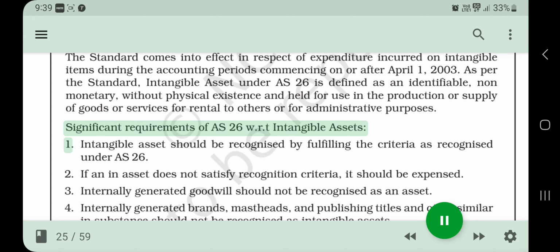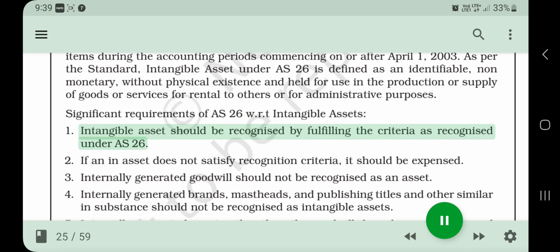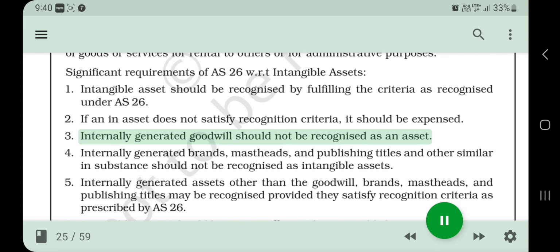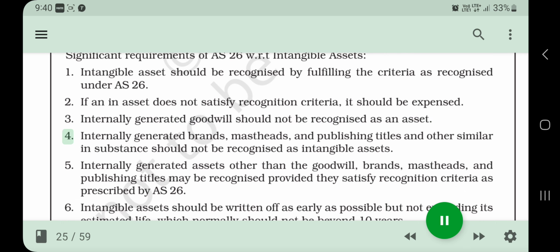Significant requirements of AS 26, Intangible Assets: 1. An intangible asset should be recognized by fulfilling the criteria for recognition under AS 26. 2. If an asset does not satisfy the recognition criteria, it should be expensed. 3. Internally generated goodwill should not be recognized as an asset. 4.